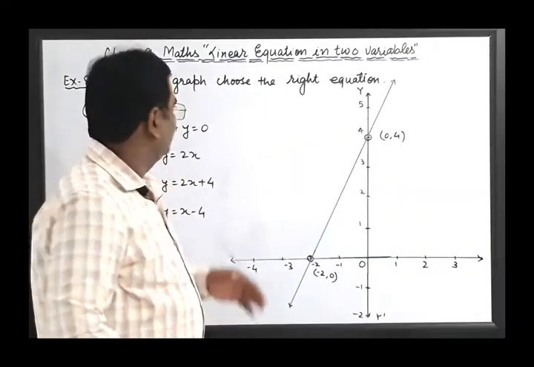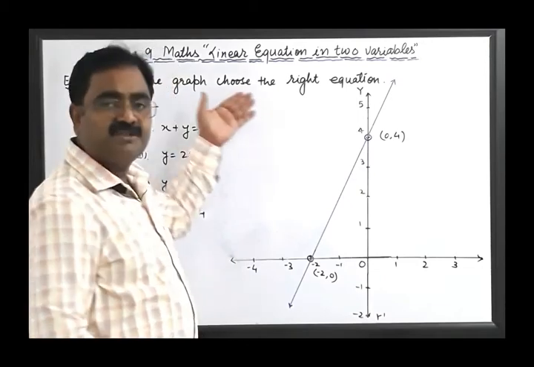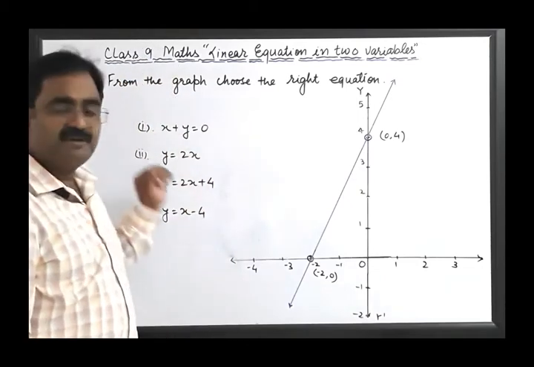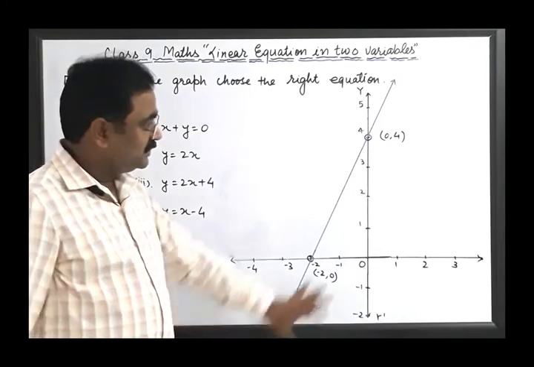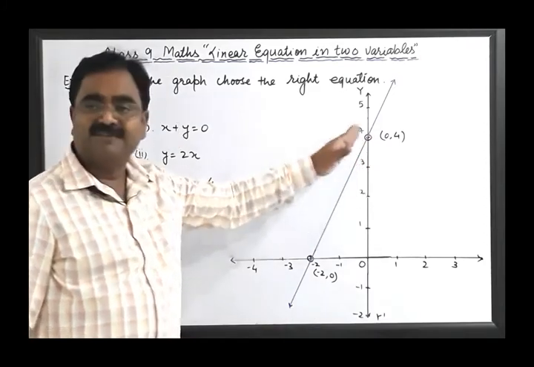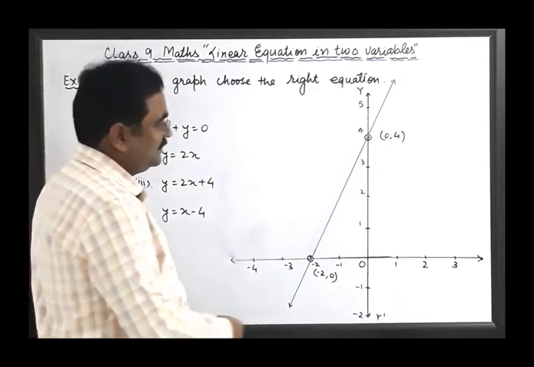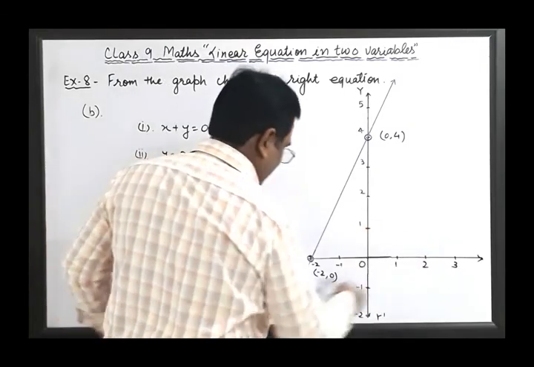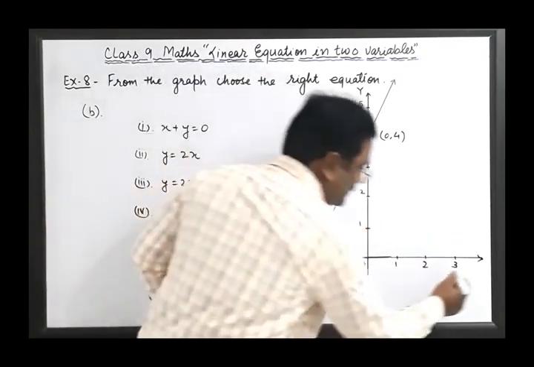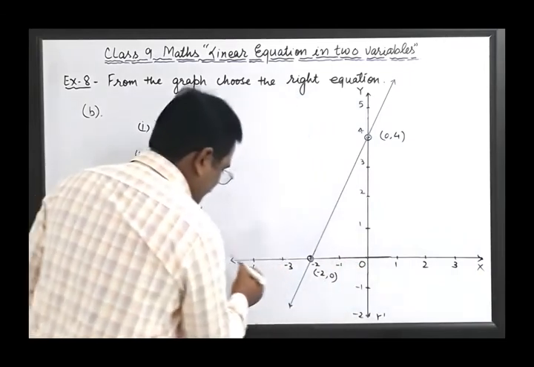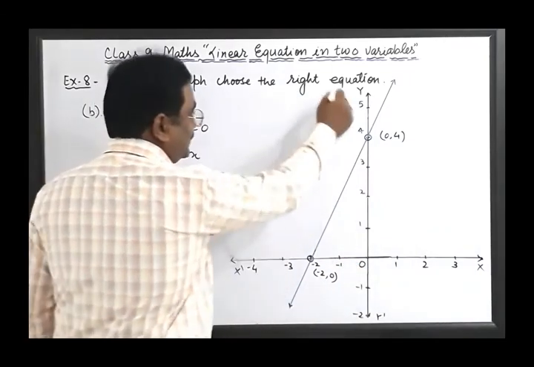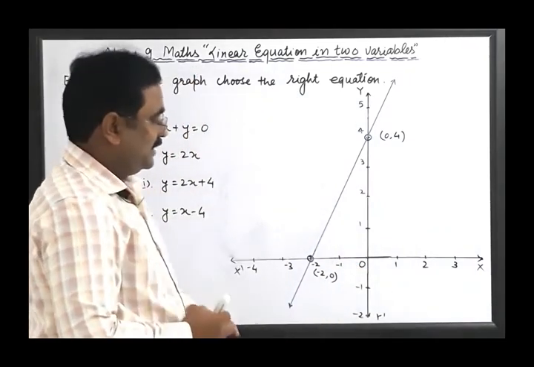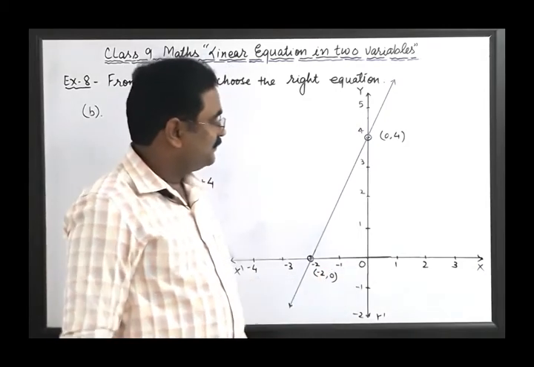Let us see the same question, but the question is the second part of it. In this, the graph of the line is given, and this line in this Cartesian system, x dash, this is the x-axis, and this vertical line is the y-axis, intersected at the origin.